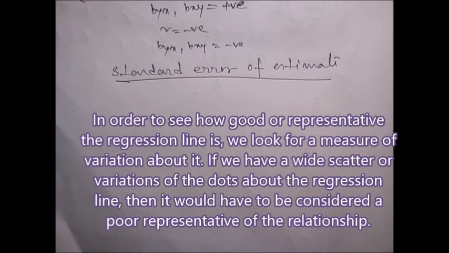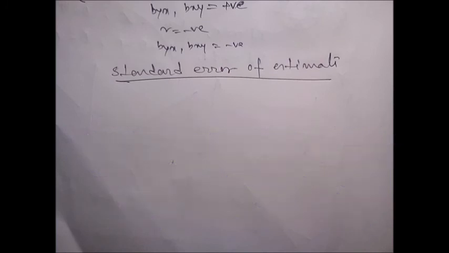If we have a wide scatter or variation of the dots about the regression line, then it would have to be considered a poor representative of the relationship. The more closely the dots cluster around the line, the more representative it is and the better the estimate based on the equation for this line.